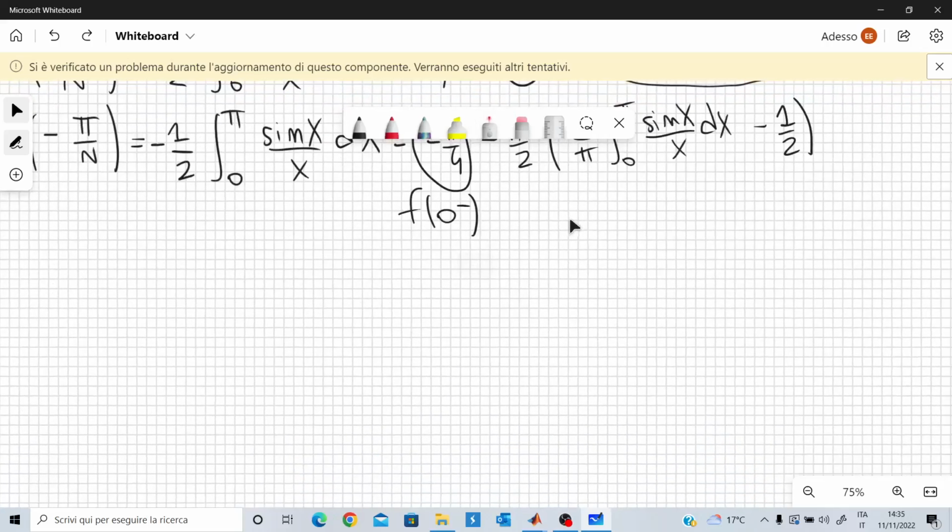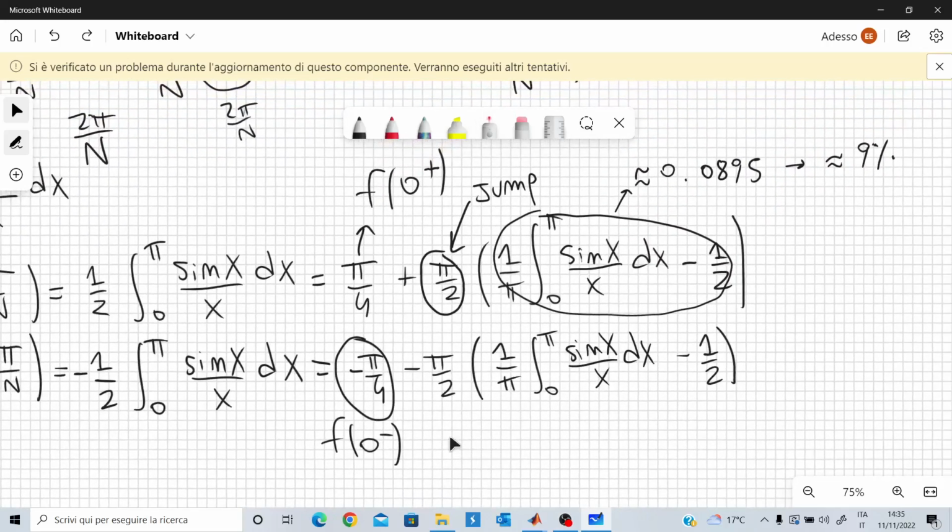And the fact that we have an overshoot on the right is due to the fact that we have f of 0 plus another quantity which is 9% of the jump. So we can quantify this kind of overshoot.